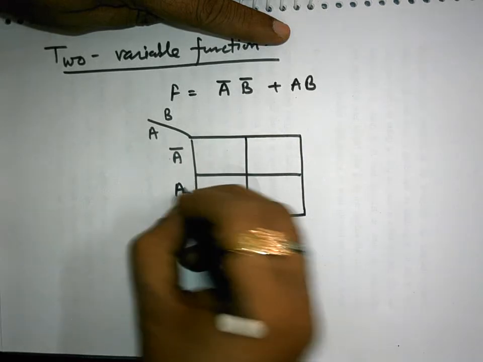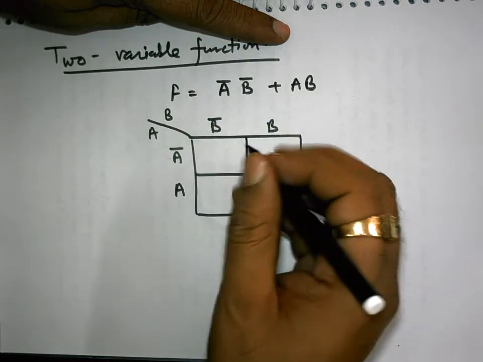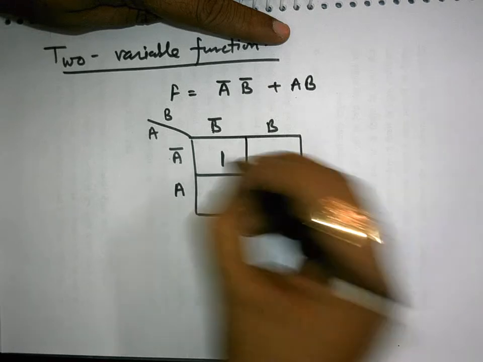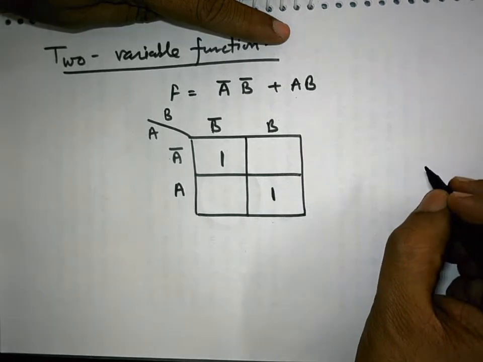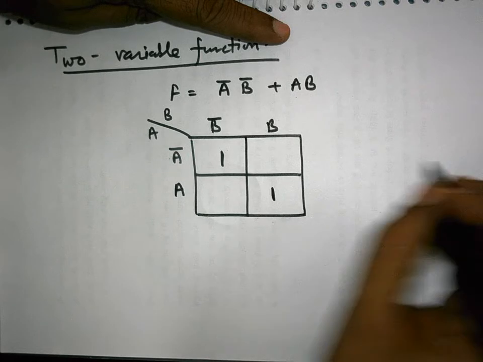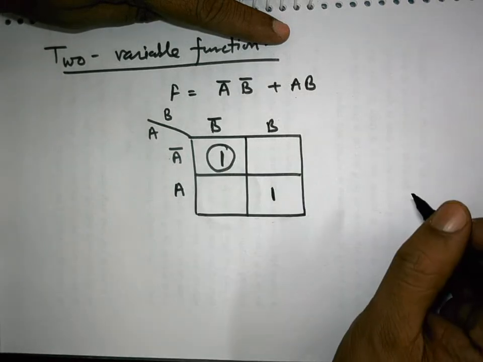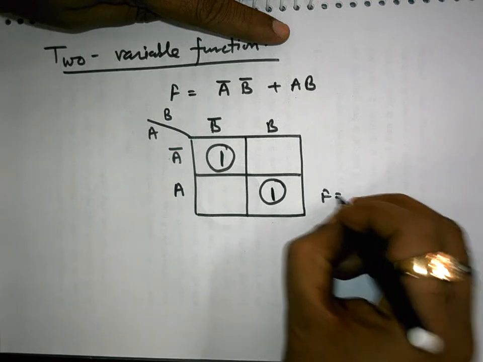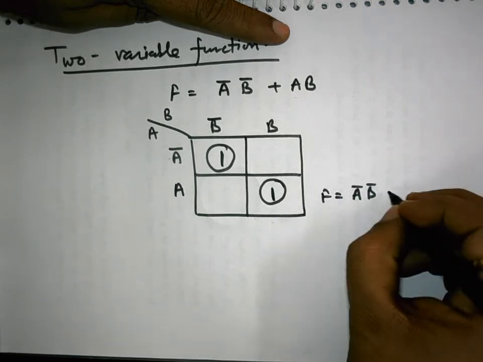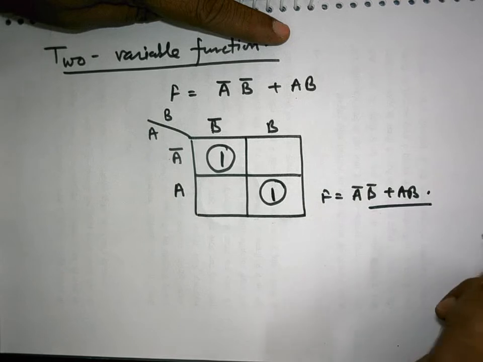So a can take two forms, okay, a bar b bar, 1 over here, and ab means 1 over here. What are the prime implicants in this? Is it possible to form any bigger group? No. So this is one of the prime implicant and this is one of the prime implicant. So naturally the f will itself be a bar b bar plus ab. So it is not possible to reduce this, and we have to design this circuit like this, okay.